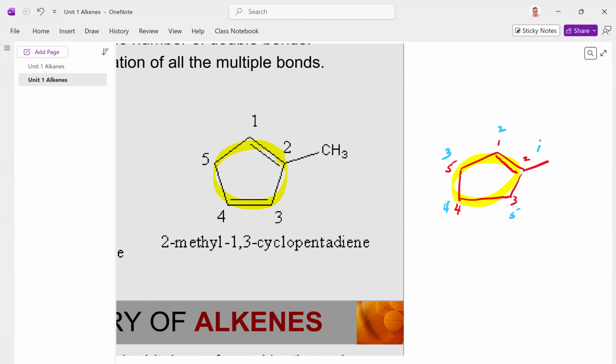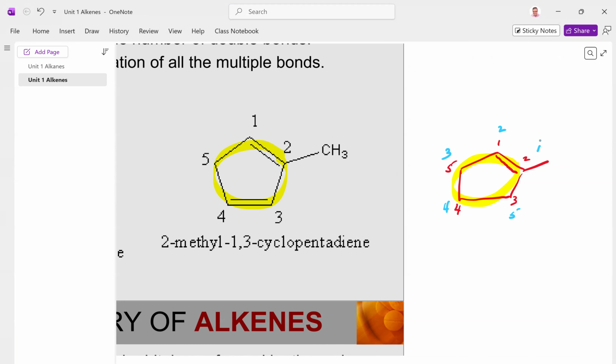We can also number clockwise, and then you go the other way, counterclockwise. Okay, so counterclockwise is the blue, clockwise is the red. So which one should we use?